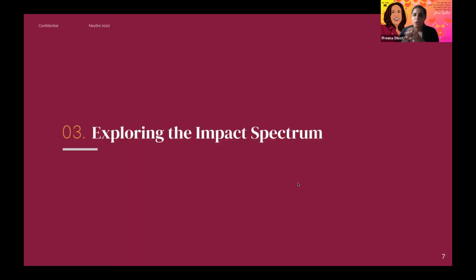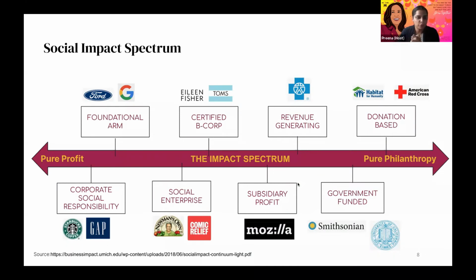Yeah, next slide. We'll be sharing and spending more time on the social impact spectrum and really about the ecosystem of organizations and networks. In this slide, we are sharing an array of entities and institutions and players who are making a positive social change in the communities and on the environment. They are doing so by implementing programs and products and services aligned in the best interest of humankind.